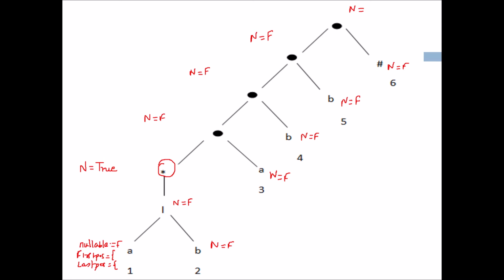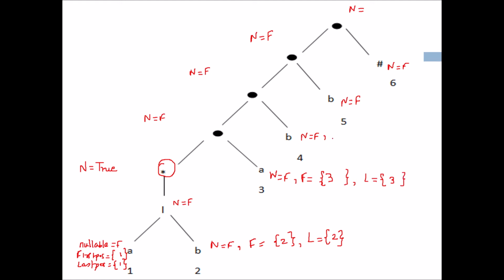It is 1. So the firstpos value will be 1 and the lastpos value will also be 1. Similarly, B will have the firstpos value as 2 and lastpos value as 2 because the position number of B is 2. So we'll first of all write down what are the firstpos and lastpos values for the leaf nodes because they have to be the position numbers only.